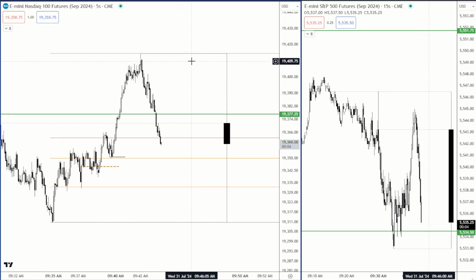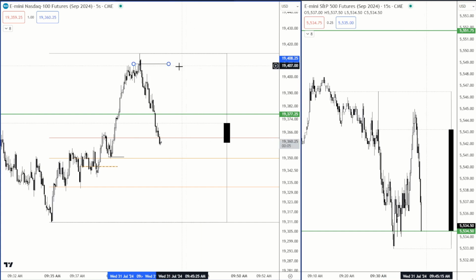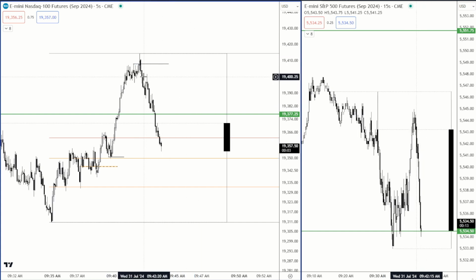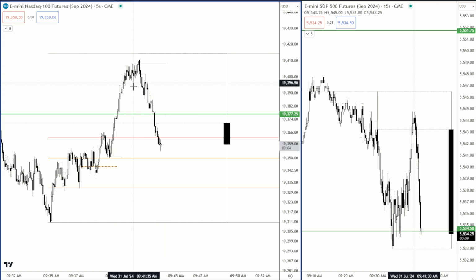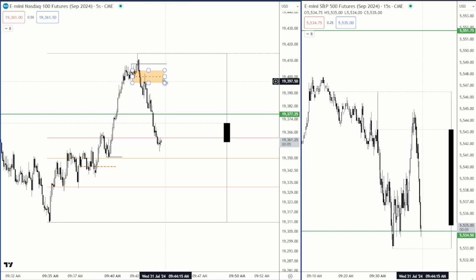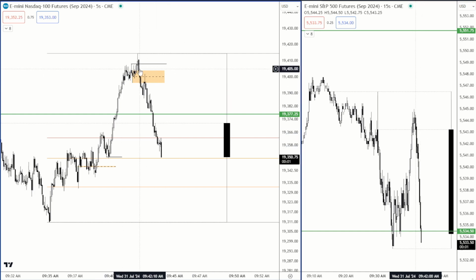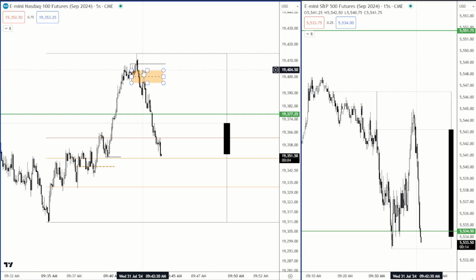Like I said, as soon as we rejected this high here, I'd stop looking for longs down here, or right here. And then a nice breaker here, and then breakaway gap here. So this could have been your stop. I wouldn't have it there though because of this wickless candle.